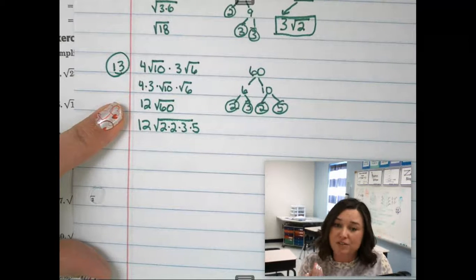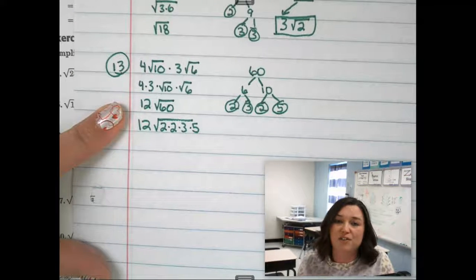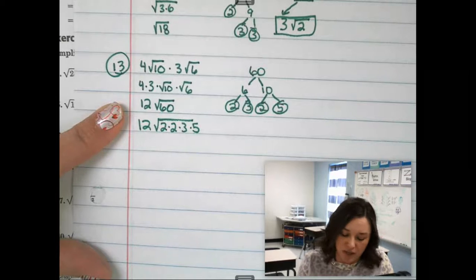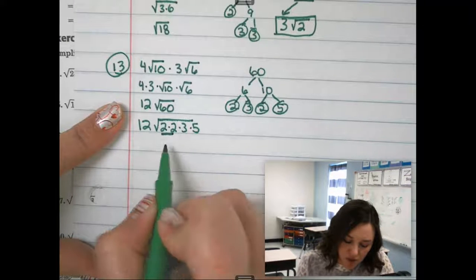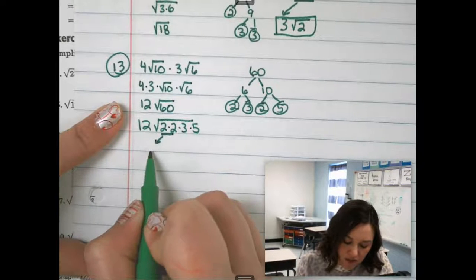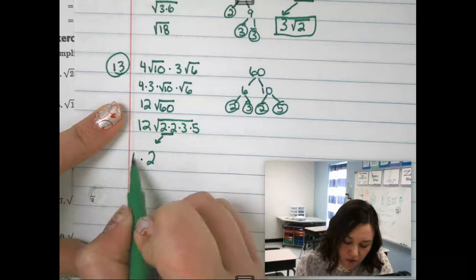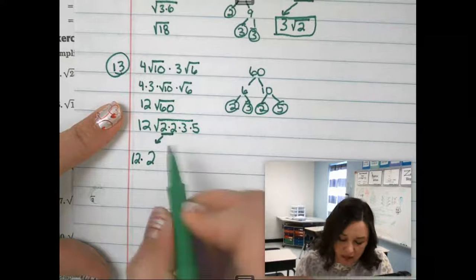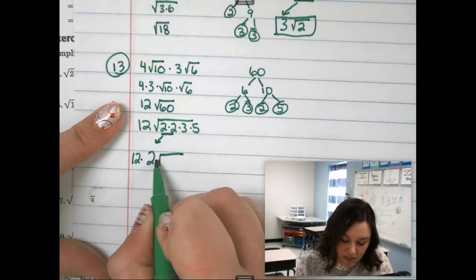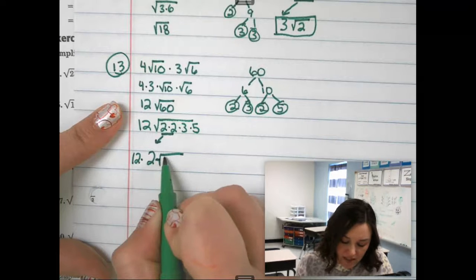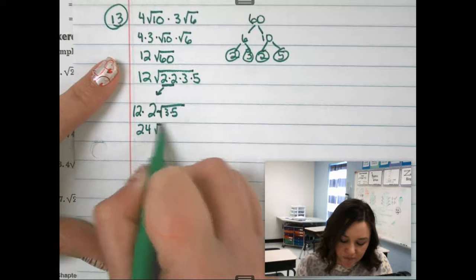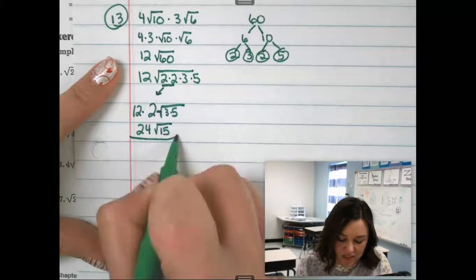When you have a pair of numbers being multiplied together, that is a perfect square. That's the definition of a perfect square. So this 2 times 2 is going to go out front with the 12 that was already out front. And the 3 and 5 that were left at the singles mingle, they have to stay there, 3 times 5. So 2 times 12 is 24, and 3 times 5 is 15.